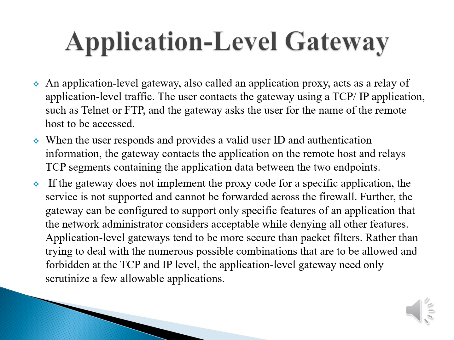Application level gateways tend to be more secure than packet filters. Rather than trying to deal with the numerous possible combinations that are to be allowed and forbidden at the TCP and IP level, the application level gateway need only scrutinize a few allowable applications.